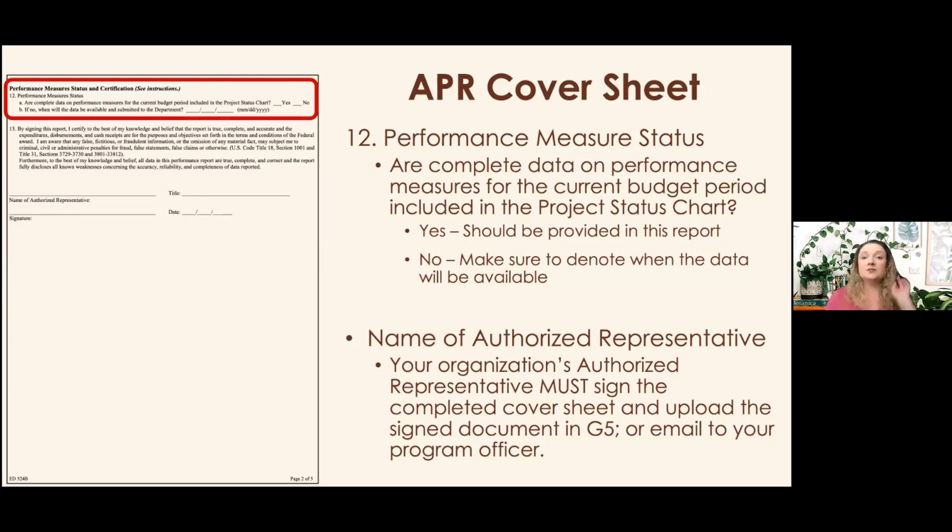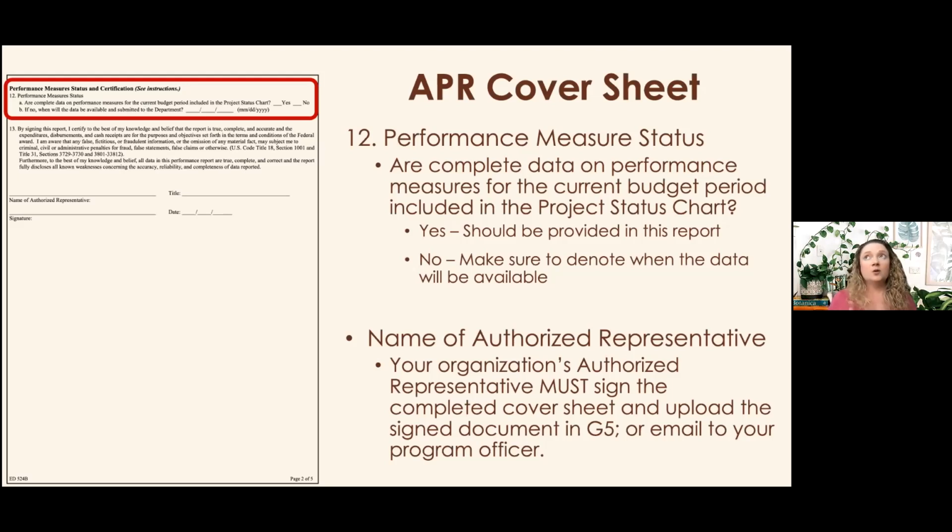So some examples of this. Maybe you have some objectives regarding academic achievement of your students where you're using an end of year benchmark. Well, typically end of year benchmarks aren't given until April or May. You're only reporting through the end of March. So you would just mark no. Not all of your data is going to be available.